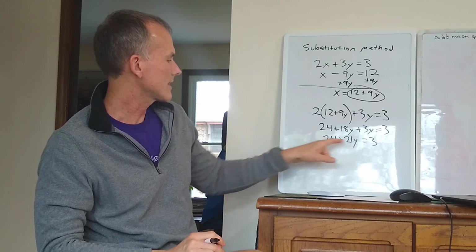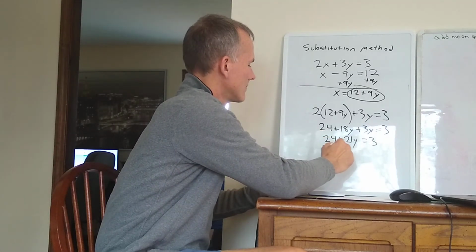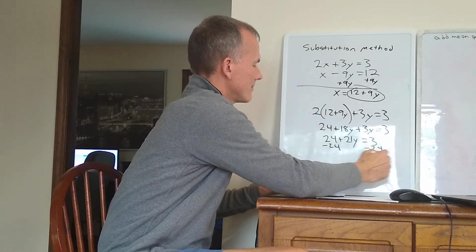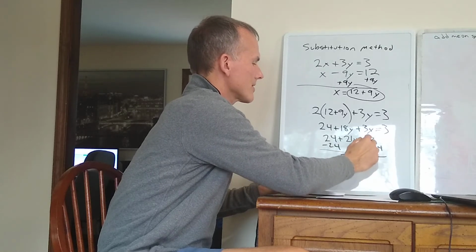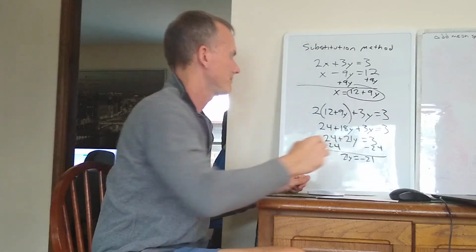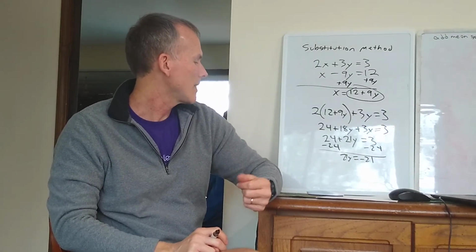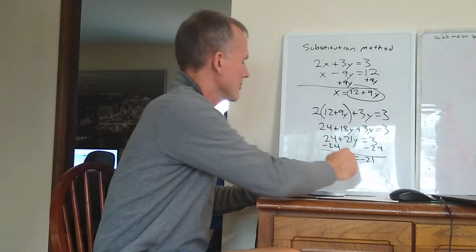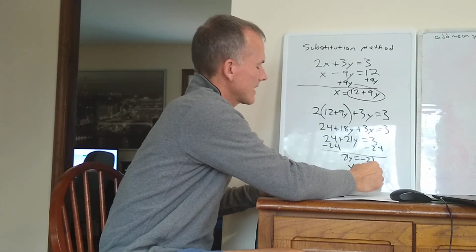Let's continue. It looks like to get y by itself, I'll want to subtract the 24 from both sides. So I get 21y equals 3 minus 24, which is negative 21. Now, to get y by itself, I just have to divide by 21 on both sides, and we can see that y is going to be equal to negative 21 divided by 21, which is negative 1.